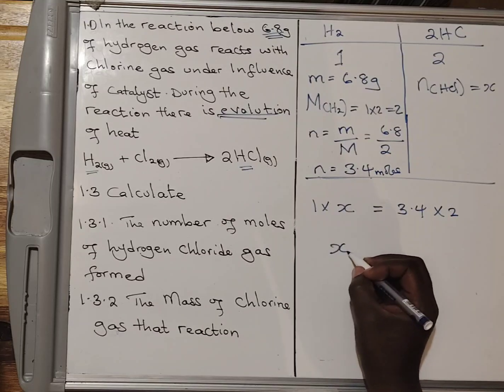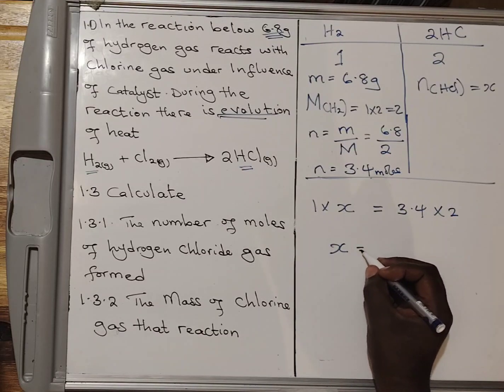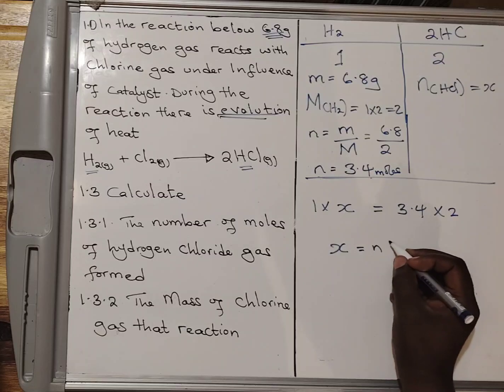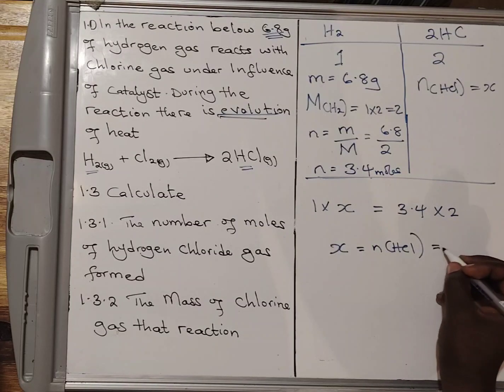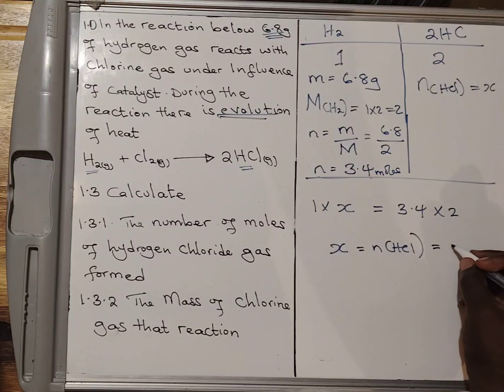So our X, which is the same as number of moles of HCl, is going to be 6.8 moles.